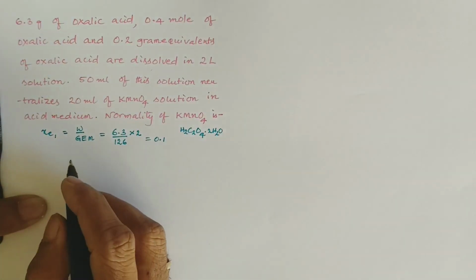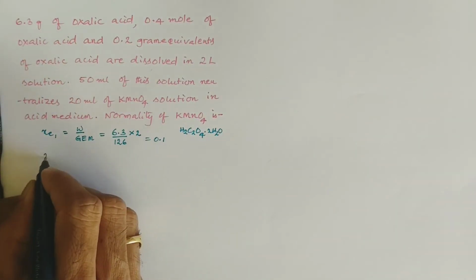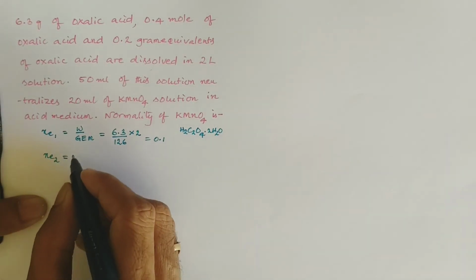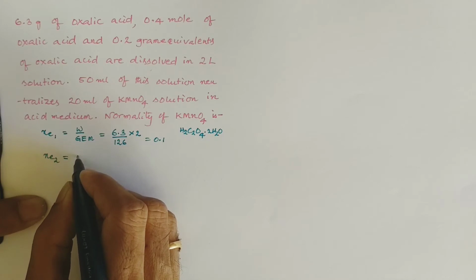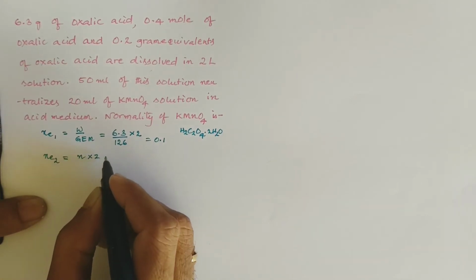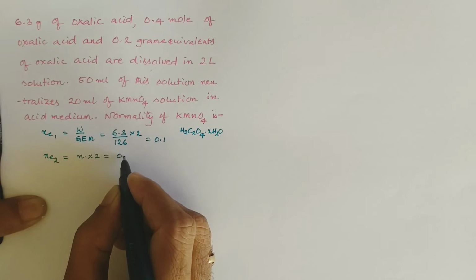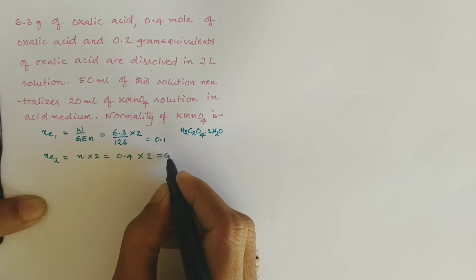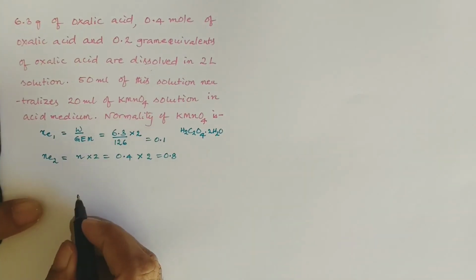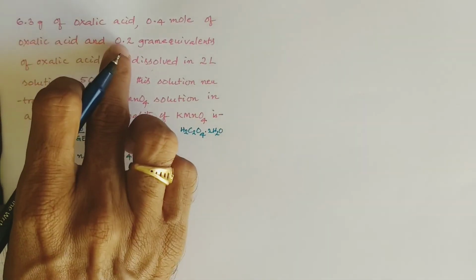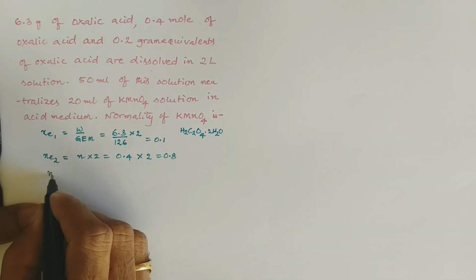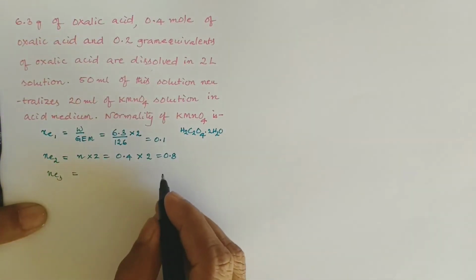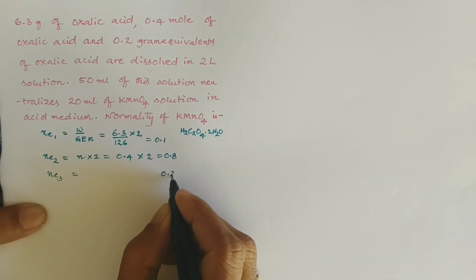The second solution contains 0.4 mole. The number of equivalents in the second solution is Ne2, that is equal to number of moles into Z factor. The number of moles is 0.4 and Z factor is 2. So that is equal to 0.8. And the third solution contains 0.2 equivalents. So Ne3 is equal to 0.2.